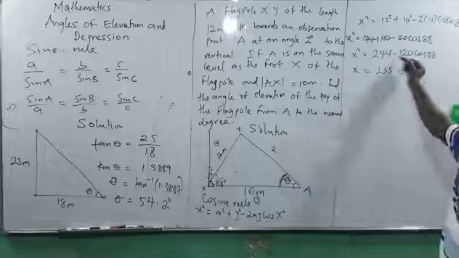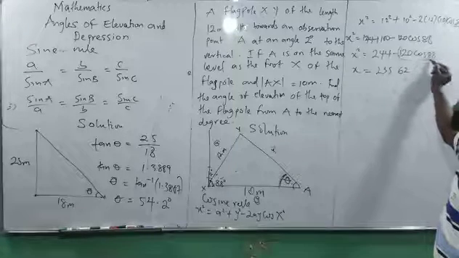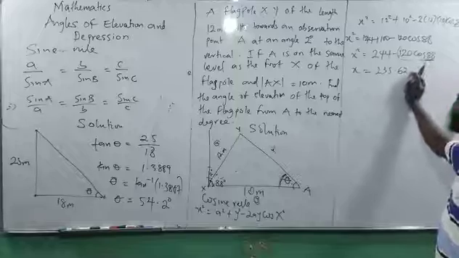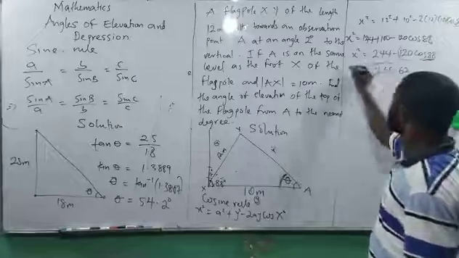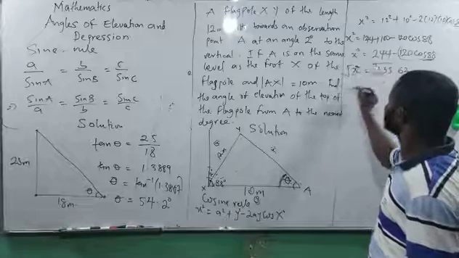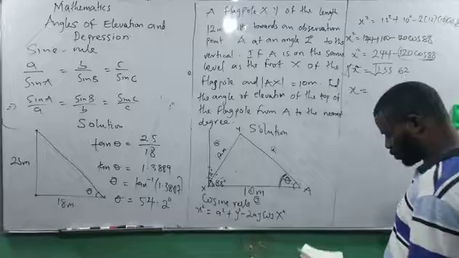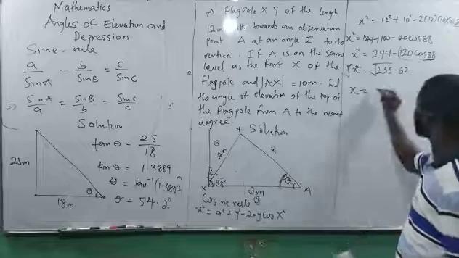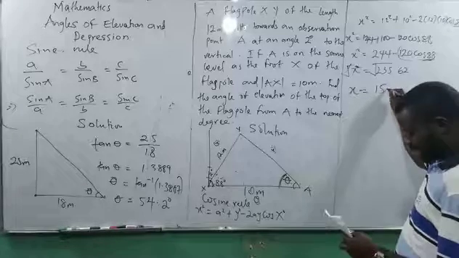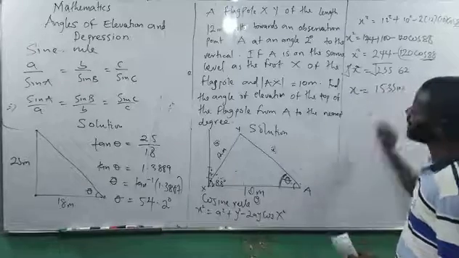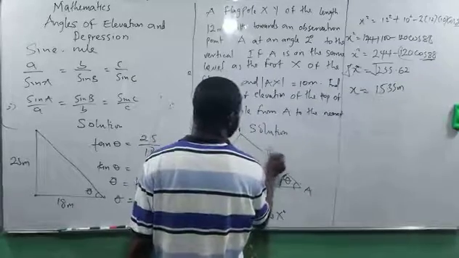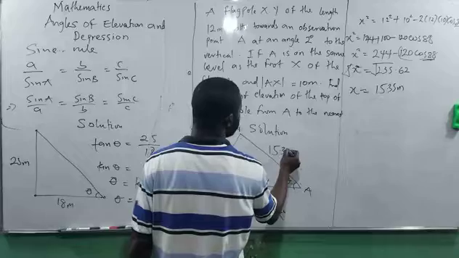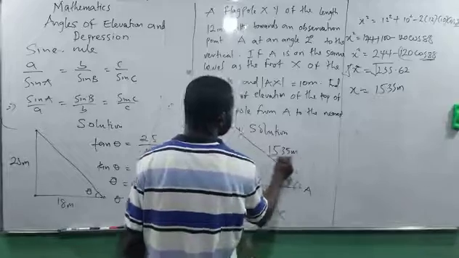For your information, cos in the second quadrant, this is the first quadrant, it will be minus. When you minus, the calculator will help you out. Root both sides. This will cancel this. My x will equal, when you square root that number, 15.35 meters. That is that.